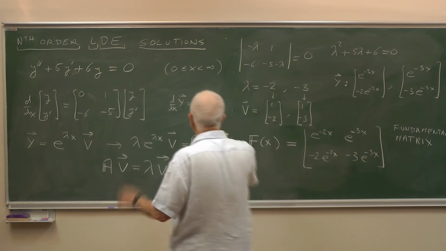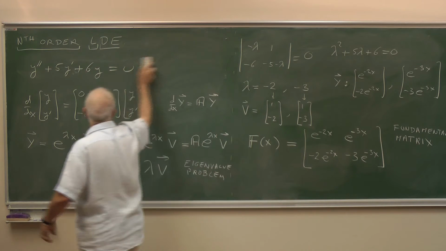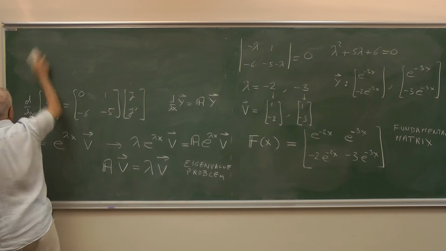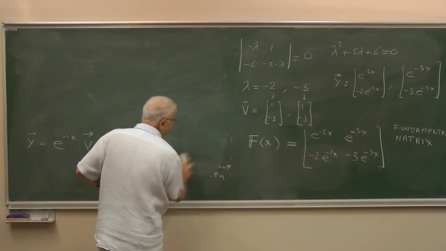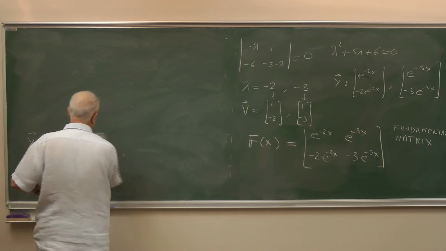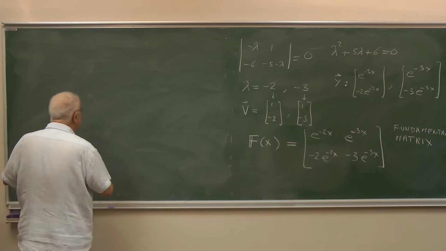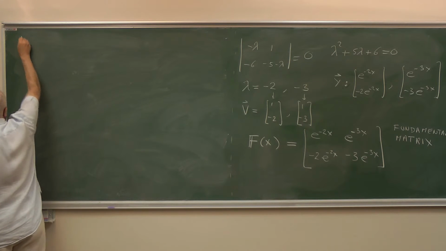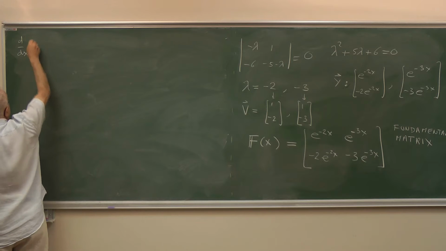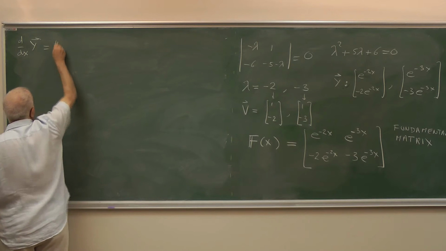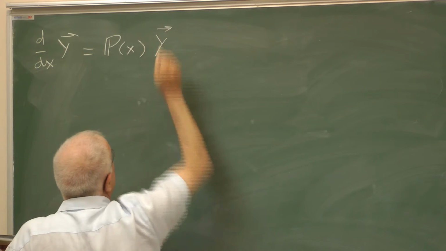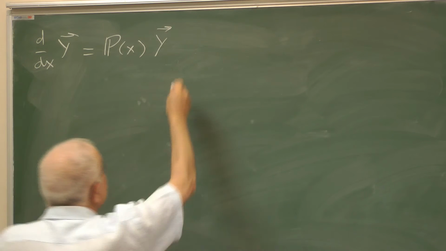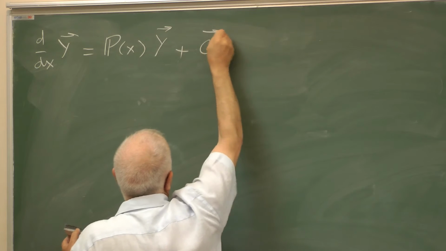Now, let us not lose our perspective. The thing is actually much more complicated than a second-order linear differential equation with constant coefficients. In general, I have d/dx y equals a variable matrix times y plus an inhomogeneous term q.